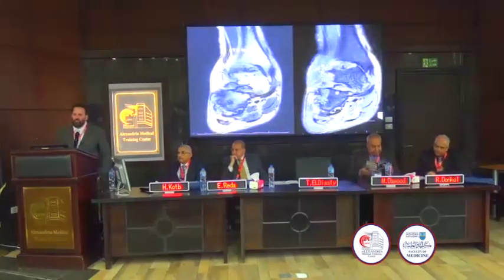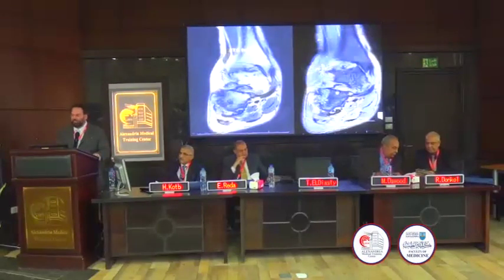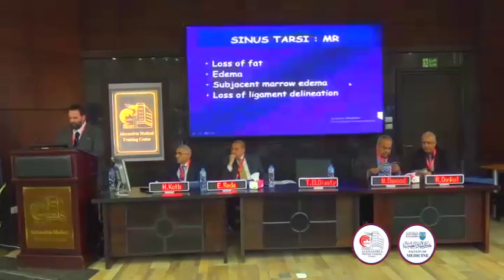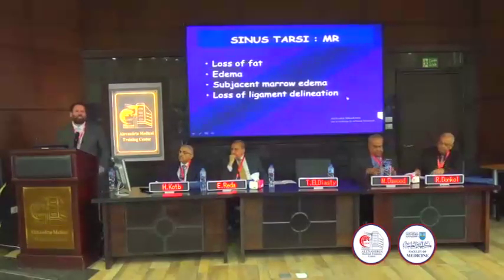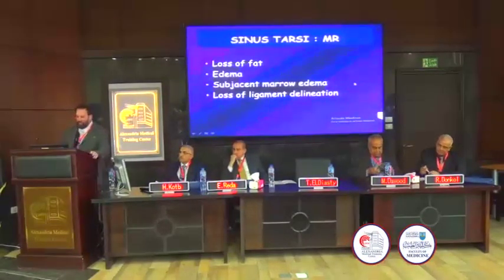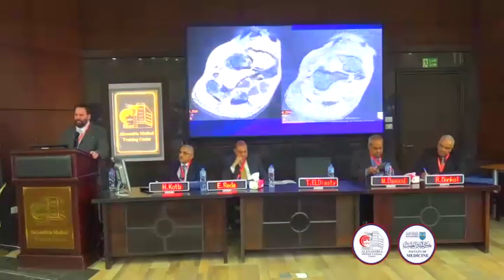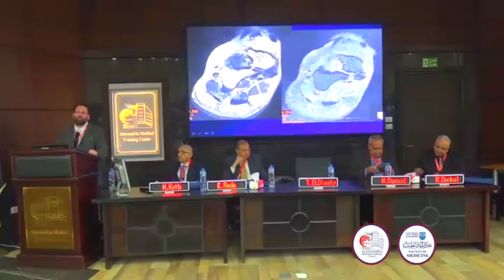So here's a patient who had rheumatoid arthritis, releases cytokines, they break down the collagen in the ligaments of the sinus tarsi, and you get an abnormal sinus tarsi from edema. So as I've said already, you lose fat, you get edema, and you get adjacent marrow edema.